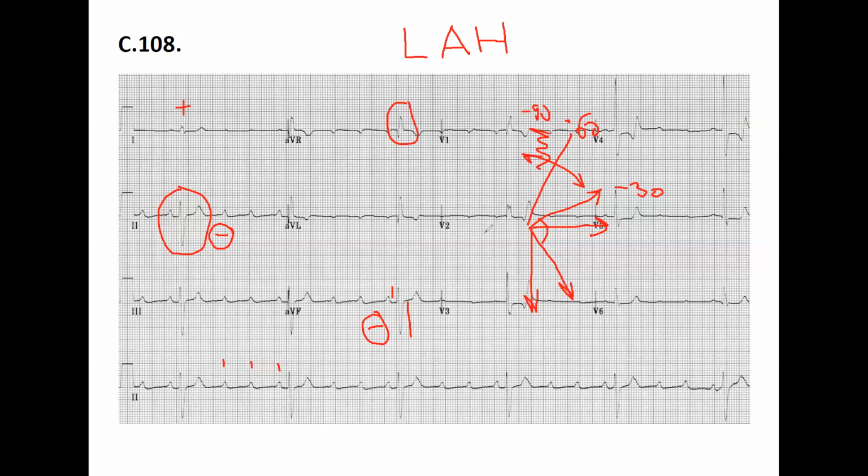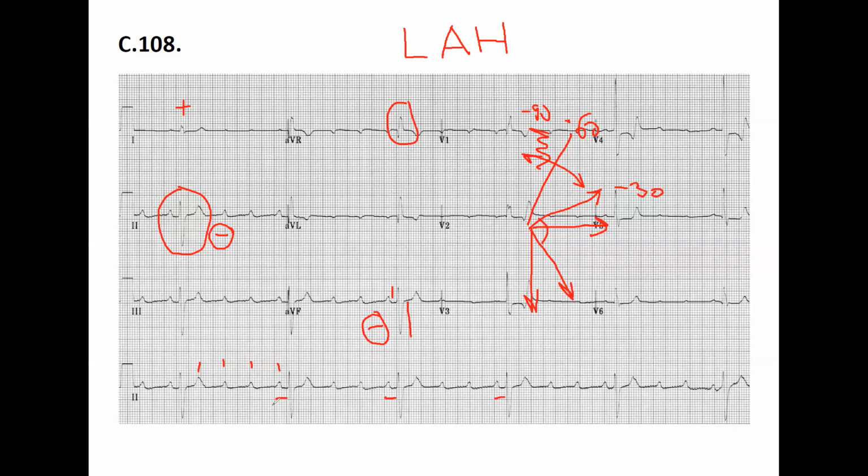Now look at the P waves. We do have more P's, but some are conducted because the PR interval is constant whenever you have conducted P's. That means there is more than one unconducted P between two conducted ones.